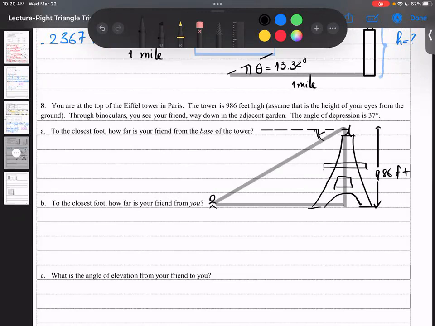You look down to your friend, so that's your angle of depression, which is 37 degrees. Then what is this angle right here, in red? Yeah, 53. 90 minus 37 is 53.